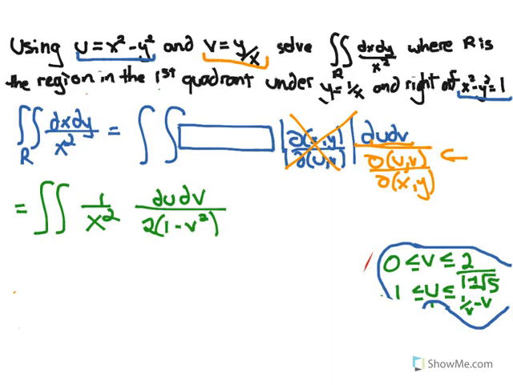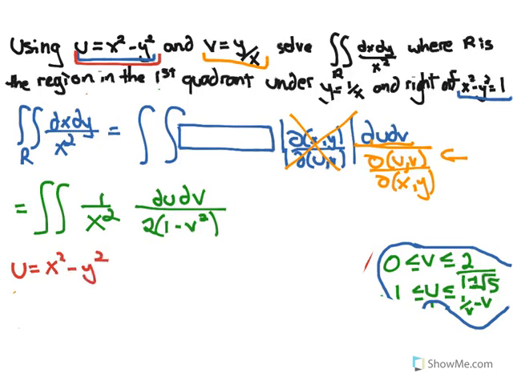So we're getting there. We still now have an x squared and a v squared. That's not very good. We definitely want to get rid of that x squared. So how can we think of 1 minus v squared? Well, we know that v squared is y squared over x squared. So what if we took our original u equation and we said, okay, I know that u equals x squared minus y squared.